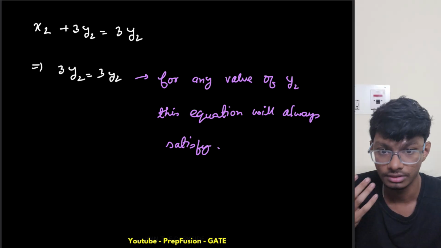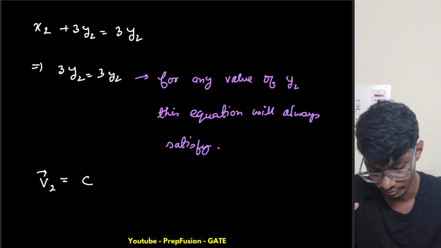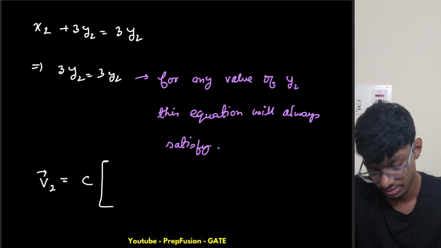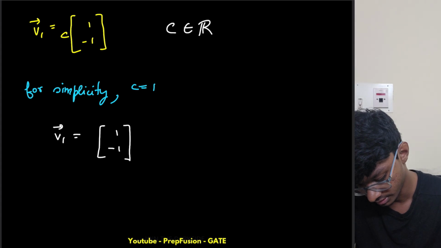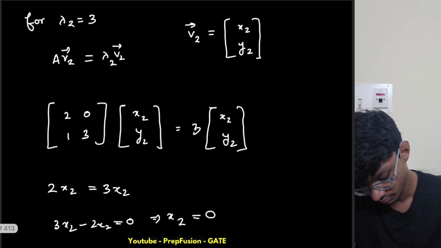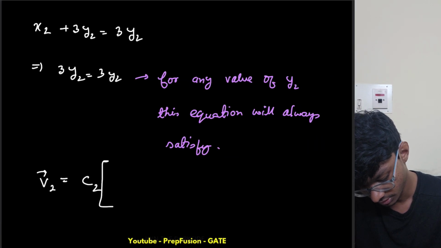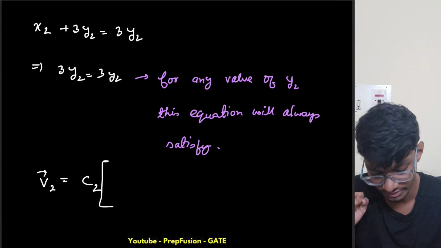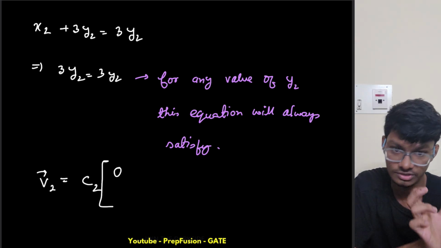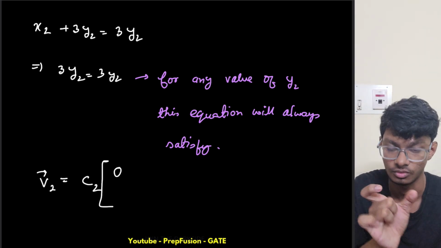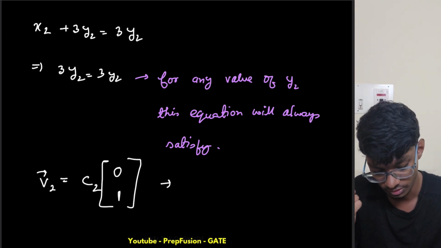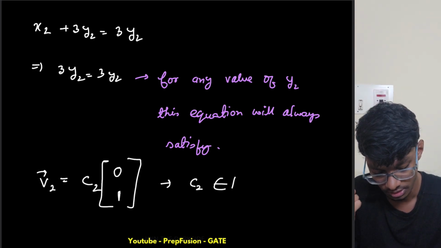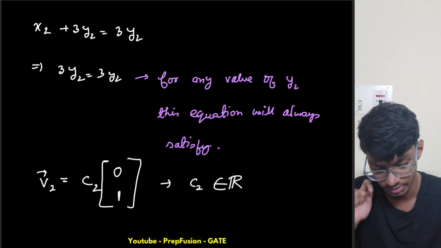So how will I write my vector v2 this time? I will write c times, let me name this c2 because the previous one was c1. So this is c2. And what is this vector? This is 0, because c2 times 0 is 0 only. So x2 has a fixed value, that is 0 only. But y, right, y can take any value. So this is 1. Okay, so again c2 can be any real number.